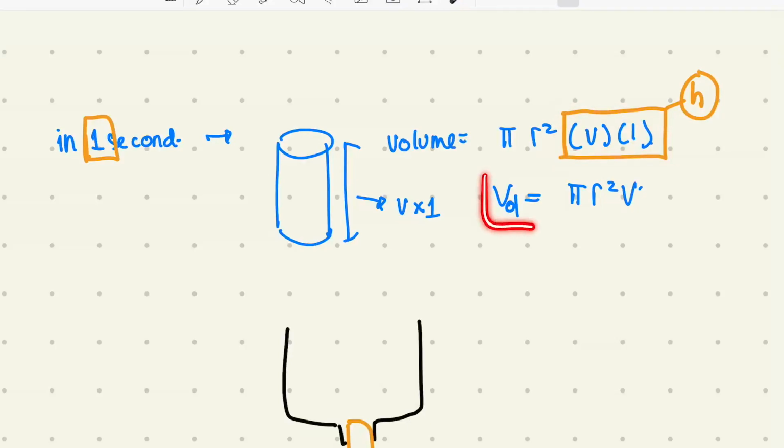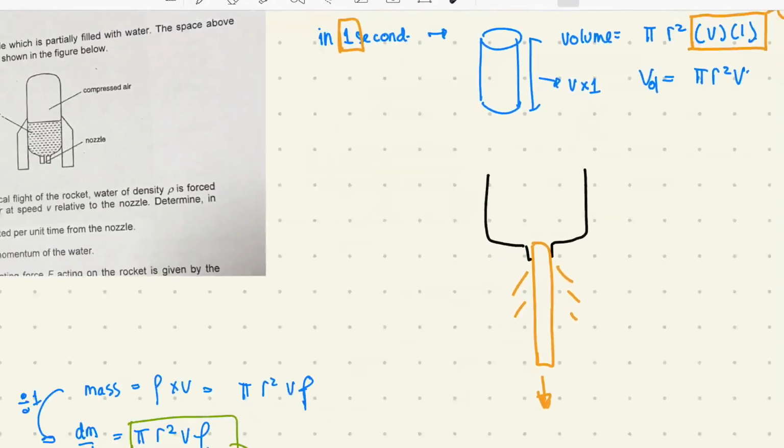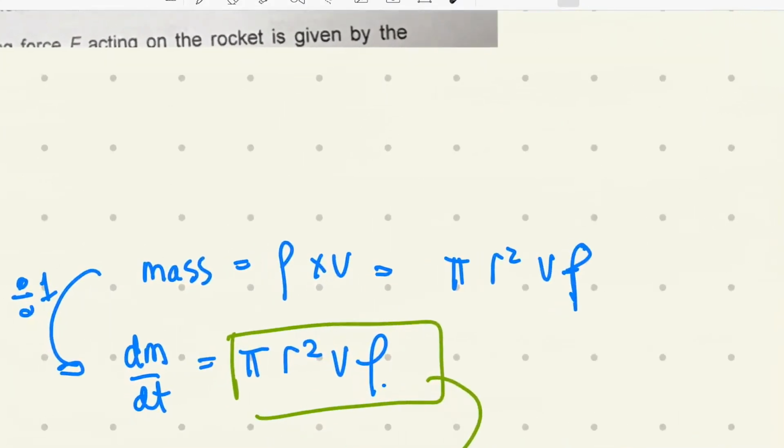That means in 1 second, the volume will be πr²v. That's the volume. Then the mass will be ρ, which is density, times volume. This V is volume, by the way. It's not velocity.